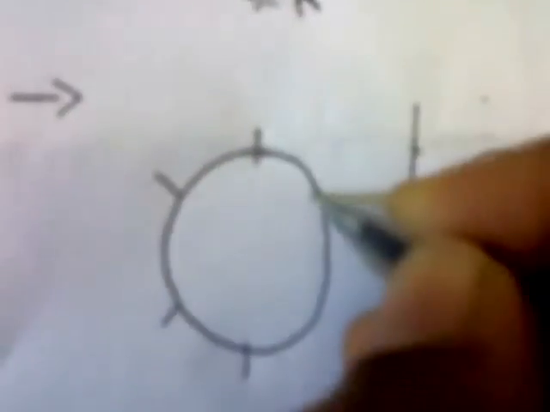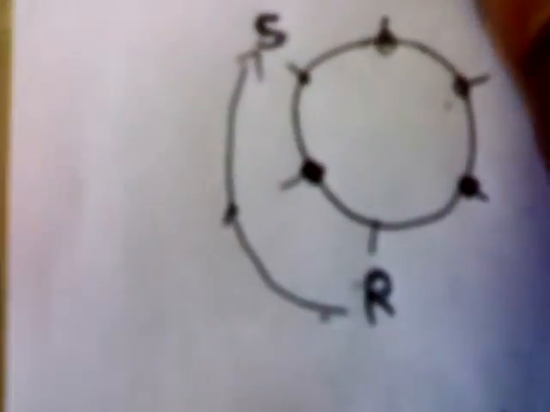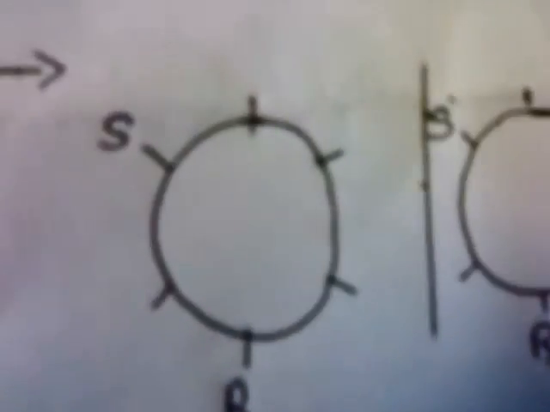So we will again divide both of the circles into 6 equal parts, and our first condition is already satisfied, so we will not touch the places of S and R. We will put S and R as they are in both circles. Now P is not an immediate neighbor of R.